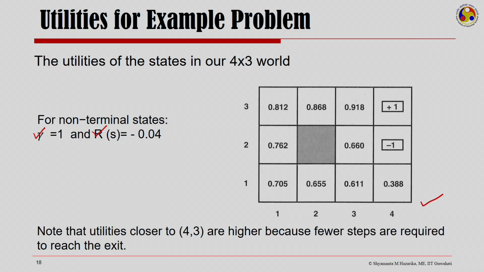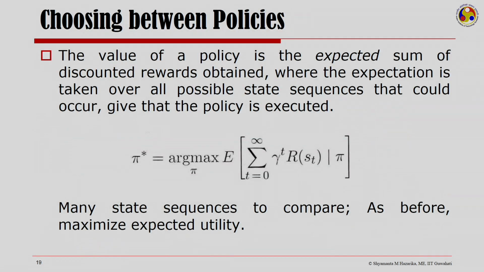Now, note that the utilities that are closer to 4, 3 are higher, because we need fewer steps to reach the exit from these states. Having looked at the optimal policy and the utilities of states, now the question is about choosing between policies.